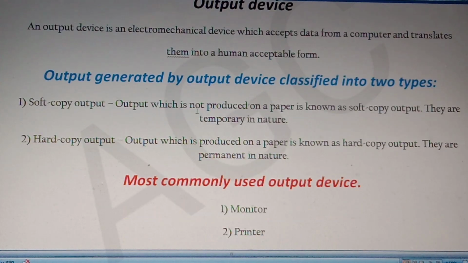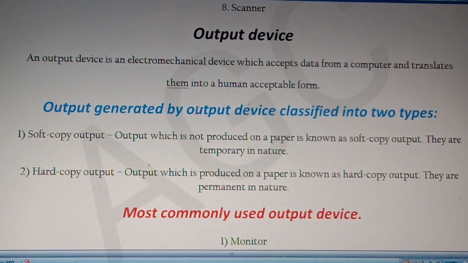See here, now the output device. The input device we have cleared. Now we are going to explain the output device. An output device is an electromechanical device which accepts data from the computer and translates it into a human acceptable form. Dear friends, what is the meaning of this line? I am explaining clearly.